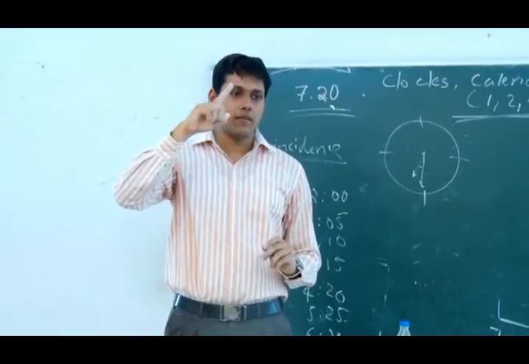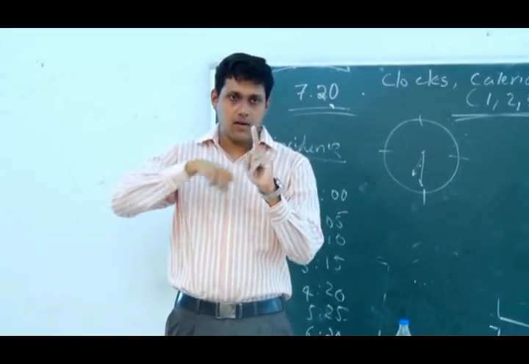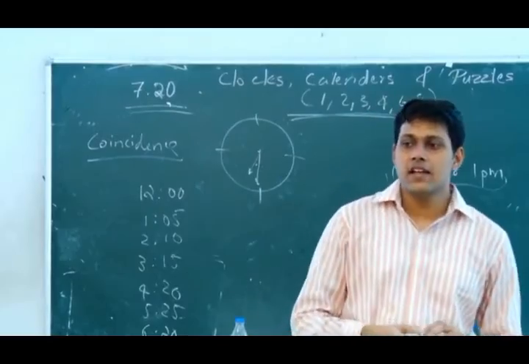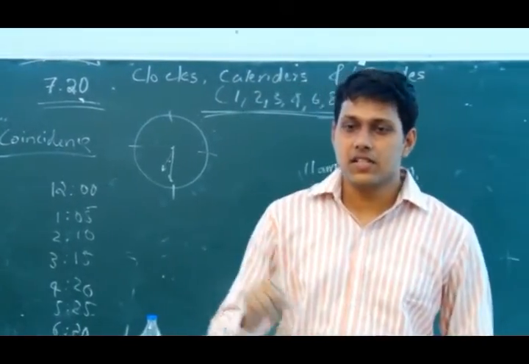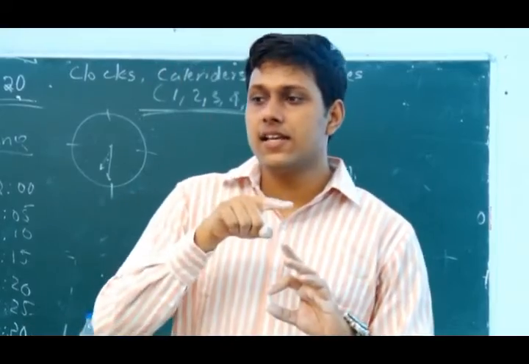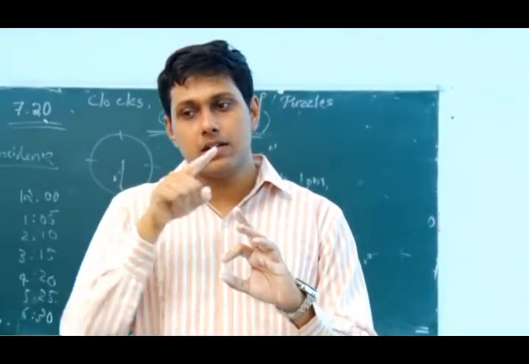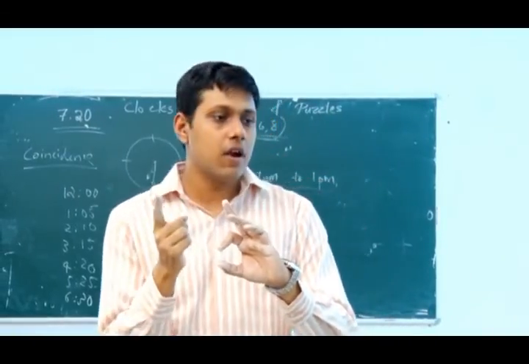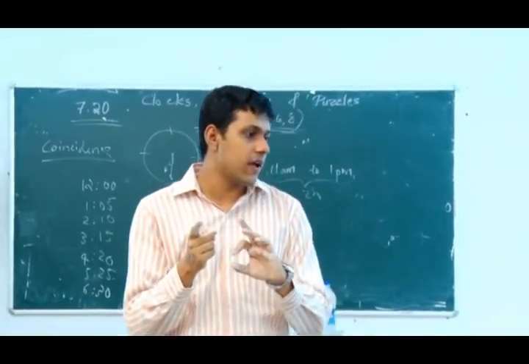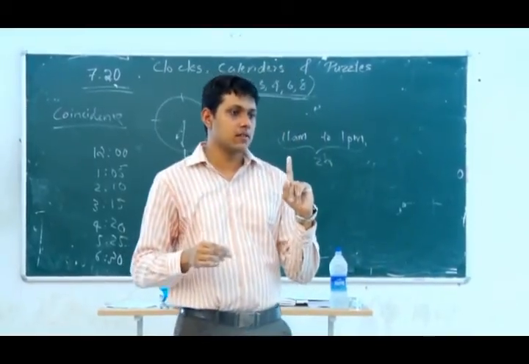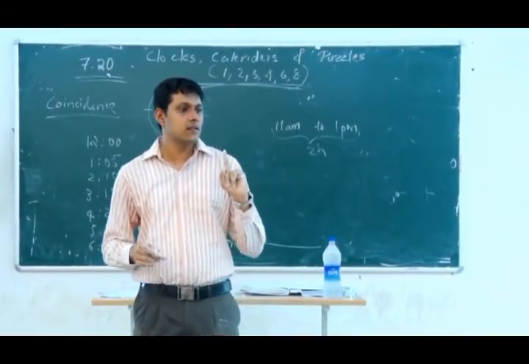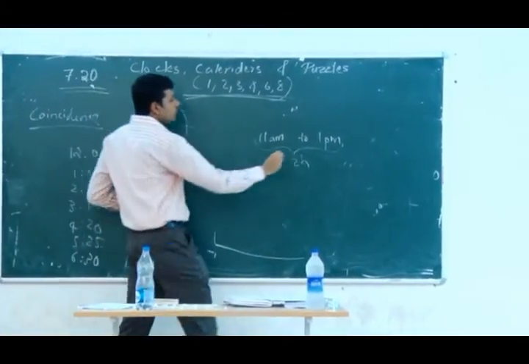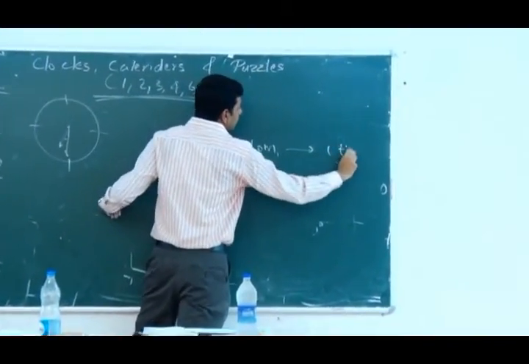It coincides once, at 12 o'clock. But to coincide after 1, it needs to move past 1:05, something after 1:05. So it only coincides once. Okay, so we have a coincidence of 1 time.